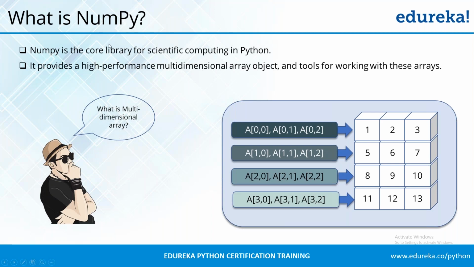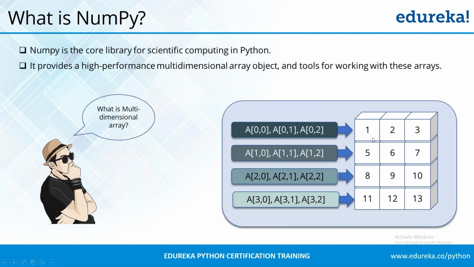For example, in an array we can store a single block of information. Suppose we are defining an array here and we have to store it in a single block, then we can simply specify 0, 1, 2, 3, and close the brackets. But if we want to store an array in multiple dimensions, as you can see here, we have an entire matrix. We have multiple locations as well. For example, A00 means 0 in the row and 0 in the column. Then A01 means 0 is the row and 1 is the column, because in an array the basic block starts from the 0 position.